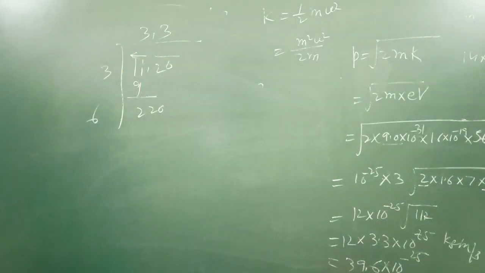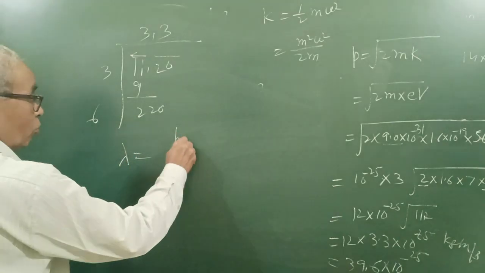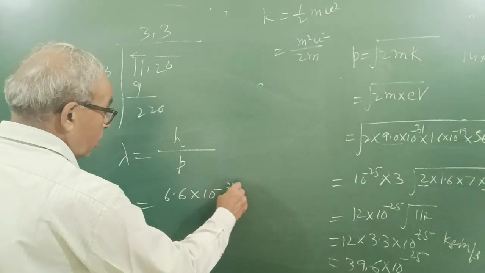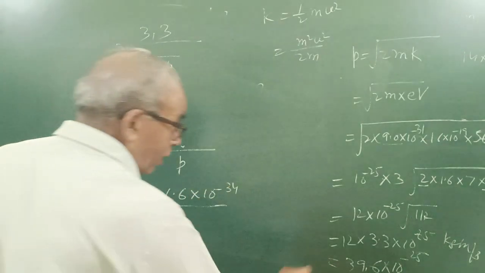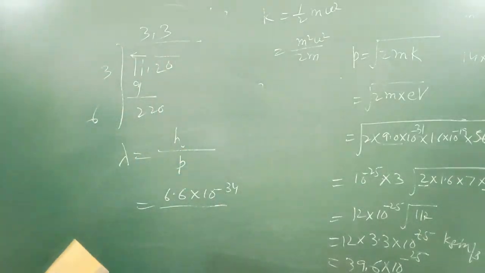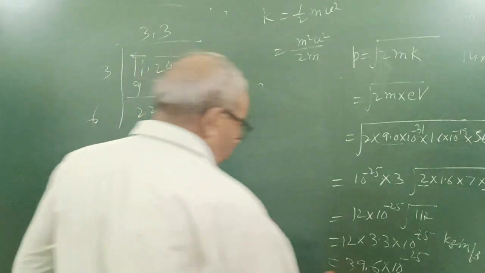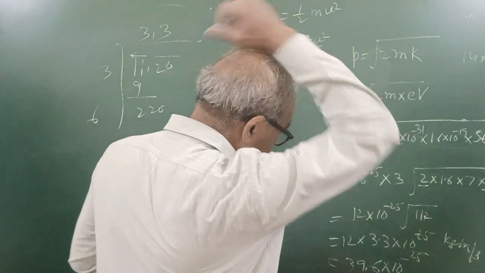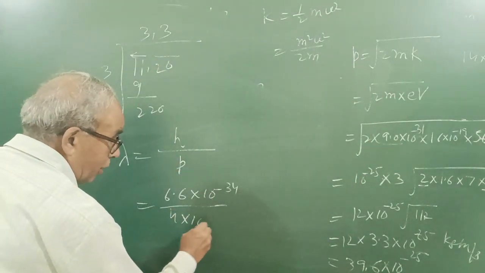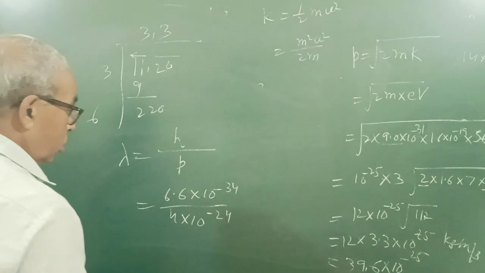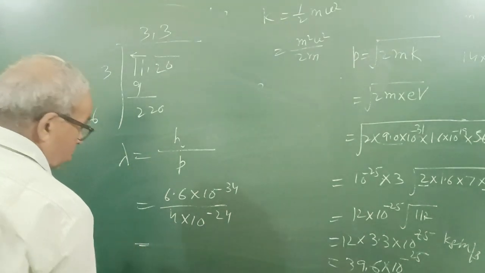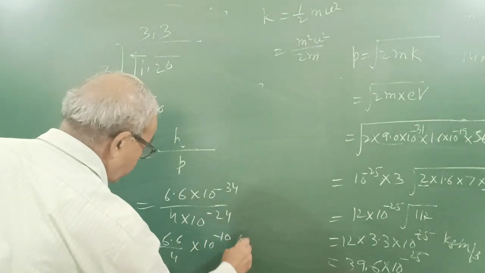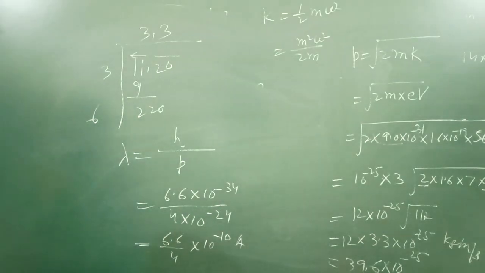So this is the momentum. Then wavelength lambda equals h upon p, which is 6.6 × 10^-34 upon, nearly, 4 × 10^-24. So 6.6 upon 4 × 10^-10.